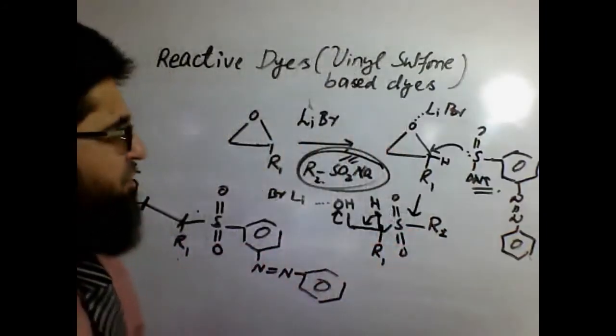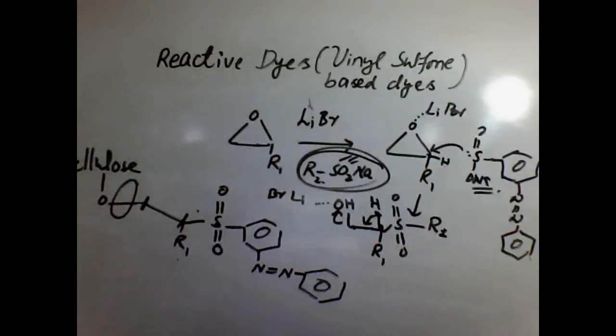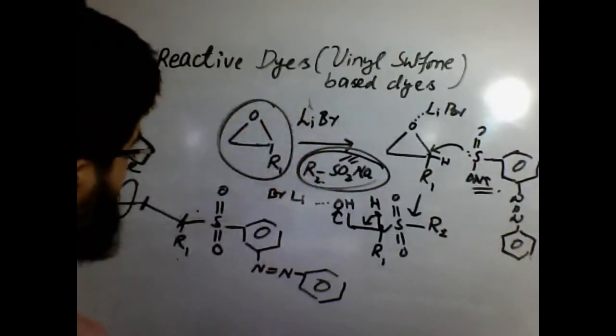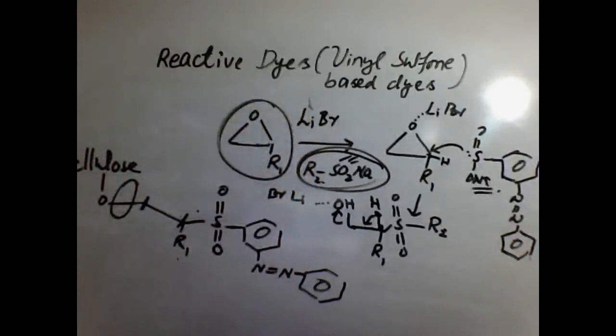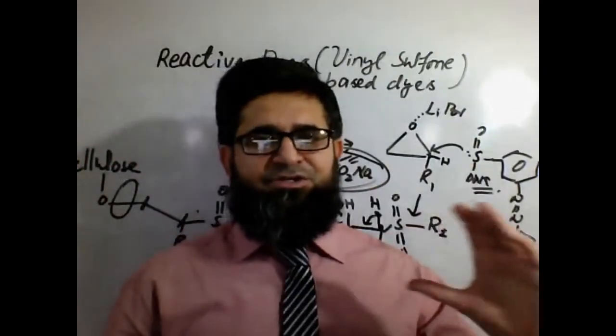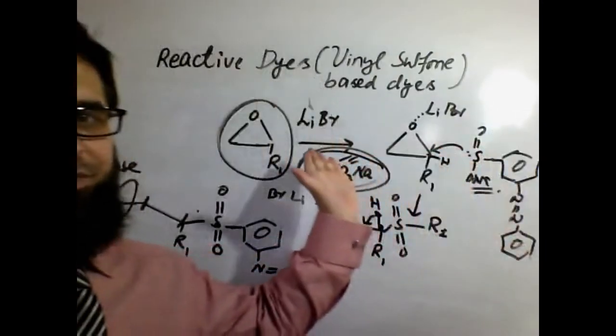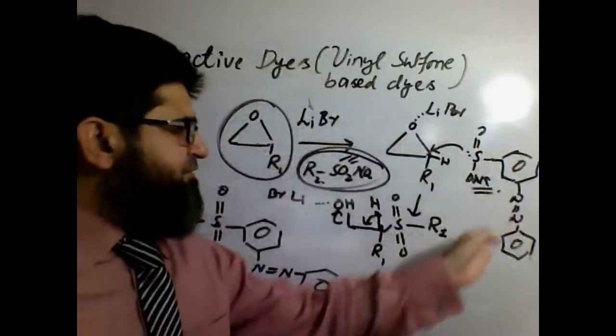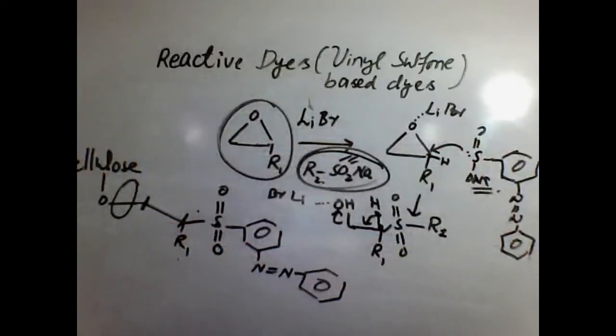So this is how the reactive dyes, which are vinyl sulfone-based dyes, react with cellulose, and this is how they are generally produced. How these epoxides and all these rings are produced is another story, which can be discussed in another lecture, and how they are further made to react in this way to give us final vinyl sulfone-based dyes.